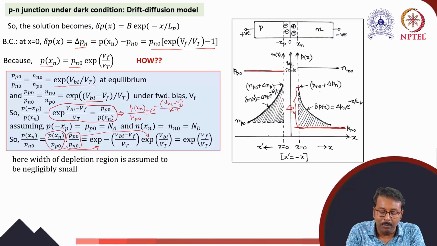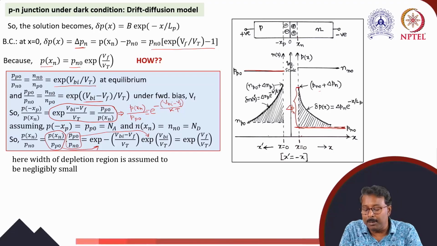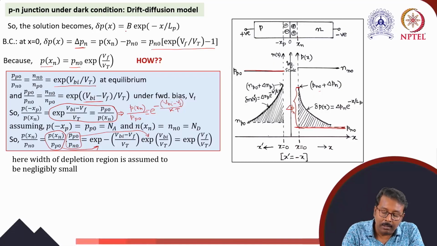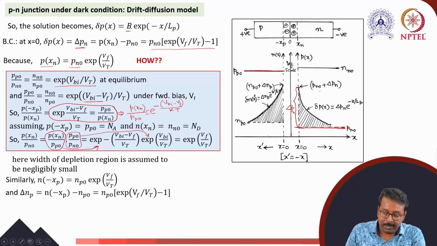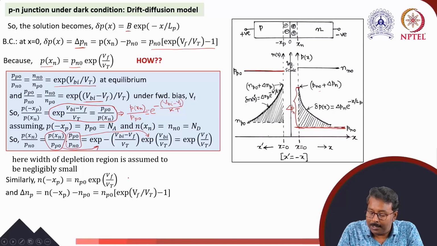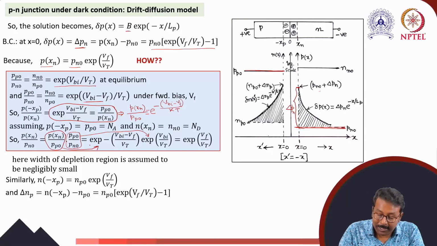Delta Pn value at x equal to 0, this boundary condition you have to put in the equation to find out the constant B. Similarly, we can obtain n at minus xp, that is excess minority electrons at minus xp will be np0 exponential Vf by Vt.